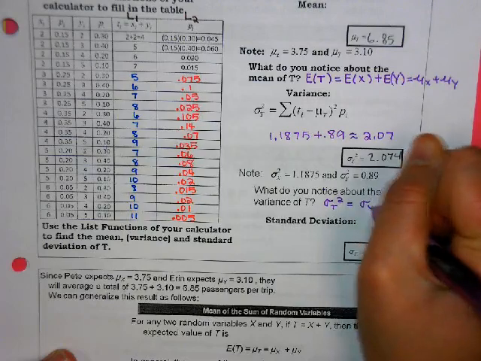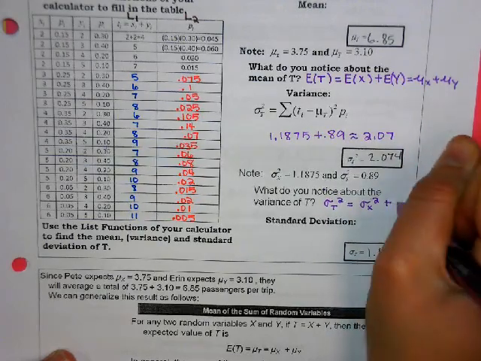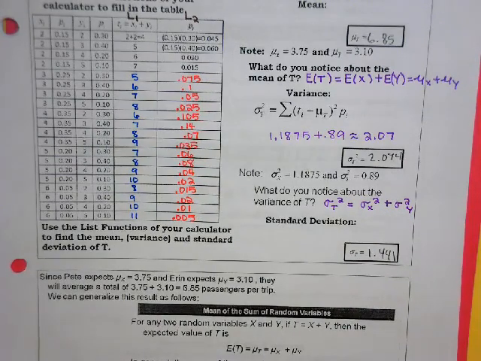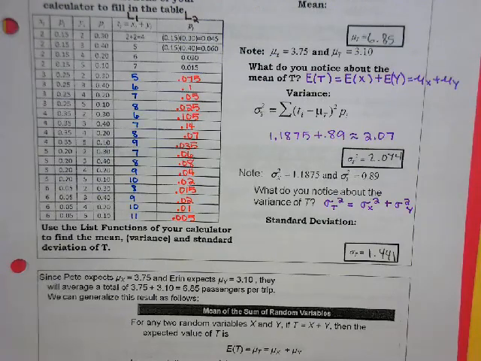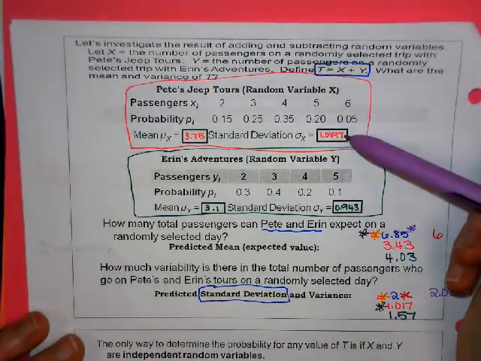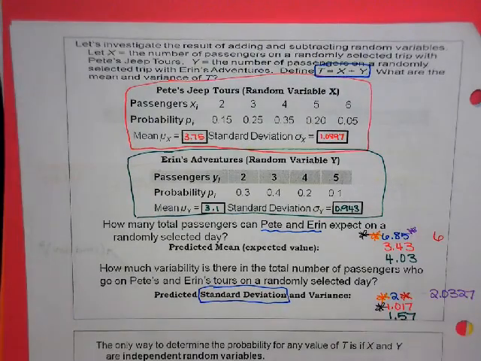I'm gonna flip back for a second to the previous page. If we took the standard deviation of Pete plus the standard deviation of Aaron, that's where you got this number, correct? We get the 2.0327.